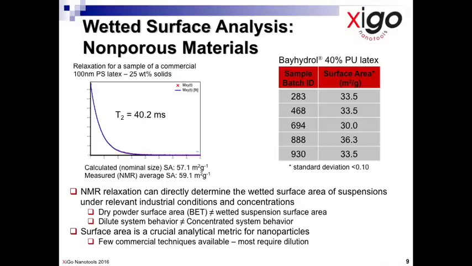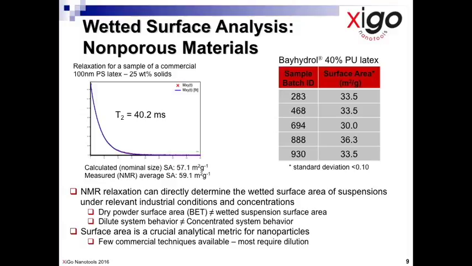In contrast to the measurement of particle size by dynamic light scattering or light diffraction, where the raw scattered diffractive intensity data has to be deconvoluted by means of complex algorithms, sums of exponentials or Bessel functions, the relation between NMR relaxation and wetted surface area is surprisingly simple.